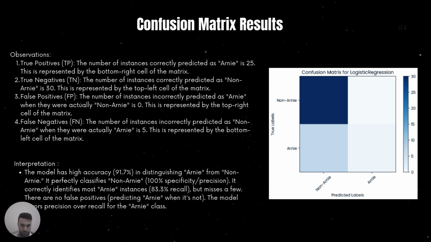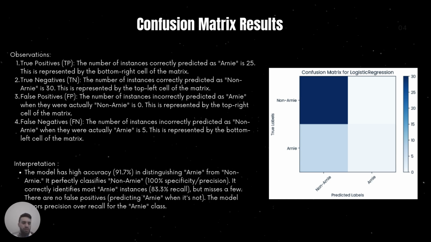So basically this is the confusion matrix in front of us. True positive, the number of instances correctly predicted as Arni, is 25. True negative, the number of instances correctly predicted as non-Arni, is 30. False positive, the number of instances incorrectly predicted as Arni when they were actually not Arni, is 0.